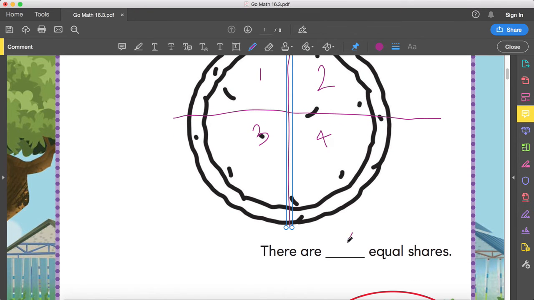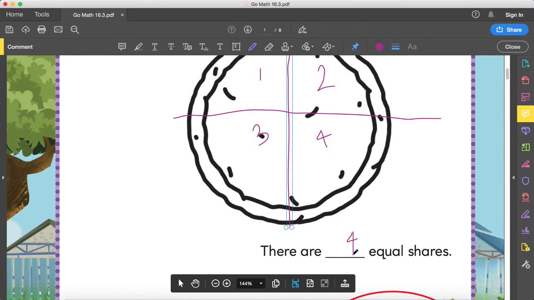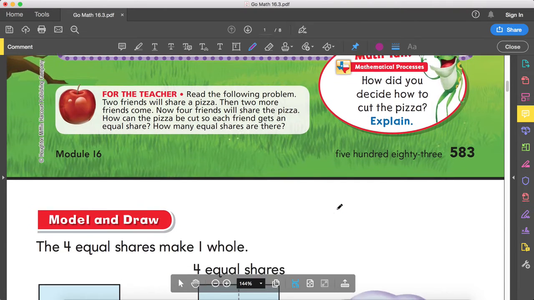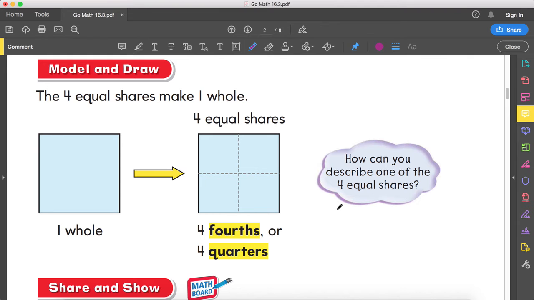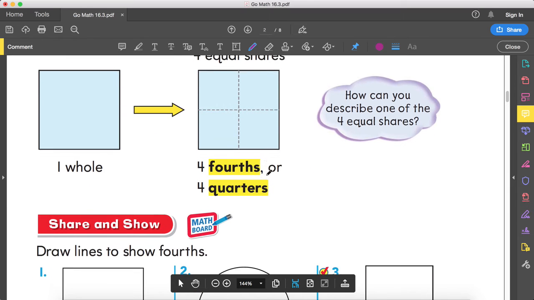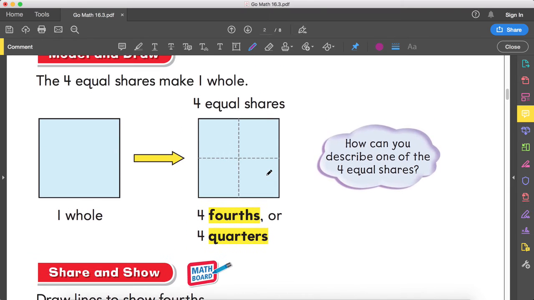So there are 4 equal shares of the pizza. The 4 equal shares make 1 whole. So 1 whole equals 4 equal shares, 4 fourths, or 4 quarters. So there are 3 different ways to describe this: equal shares, fourths, and quarters.